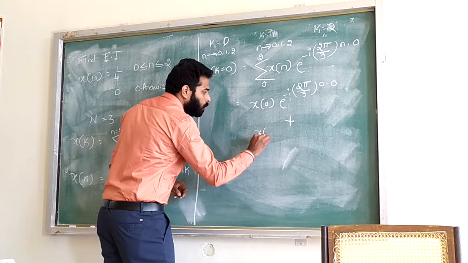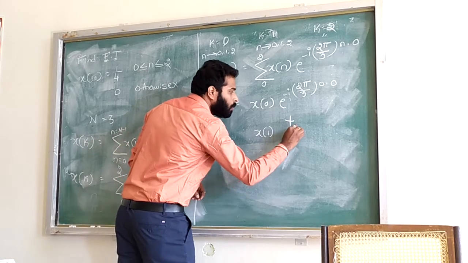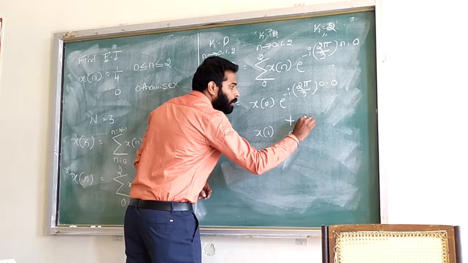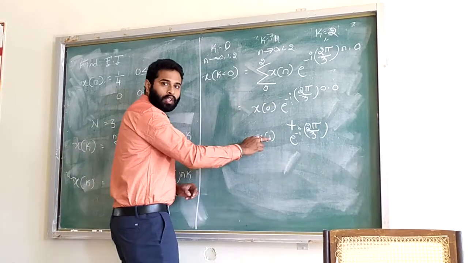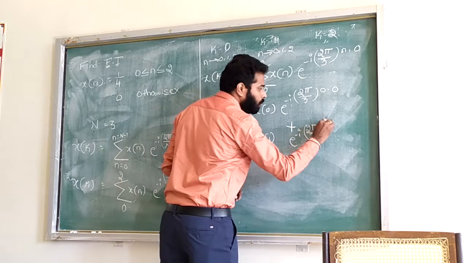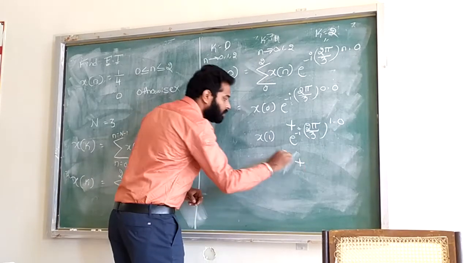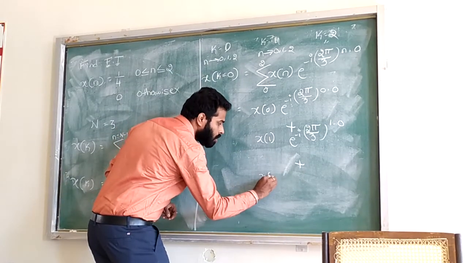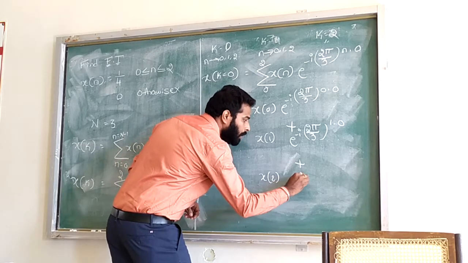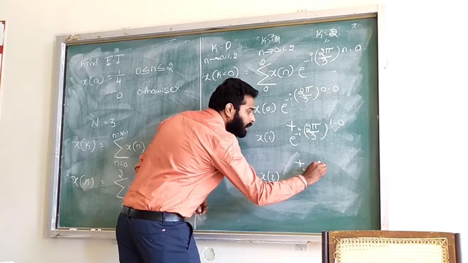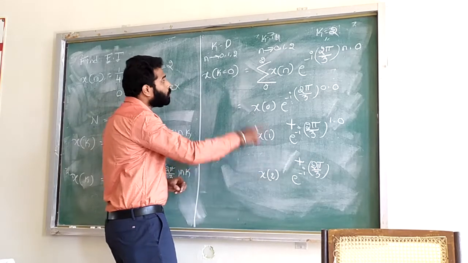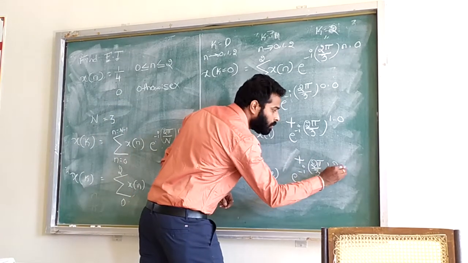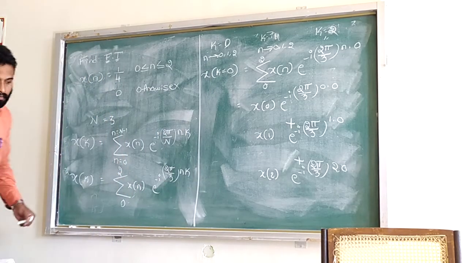So x of 1 e raised to minus j 2 pi divided by 3 into n into k. Now n is equal to 1, k is equal to 0, plus x of 2 e raised to minus j 2 pi divided by 3 into n into k. N is 2, k is 0. So 2 into 0.